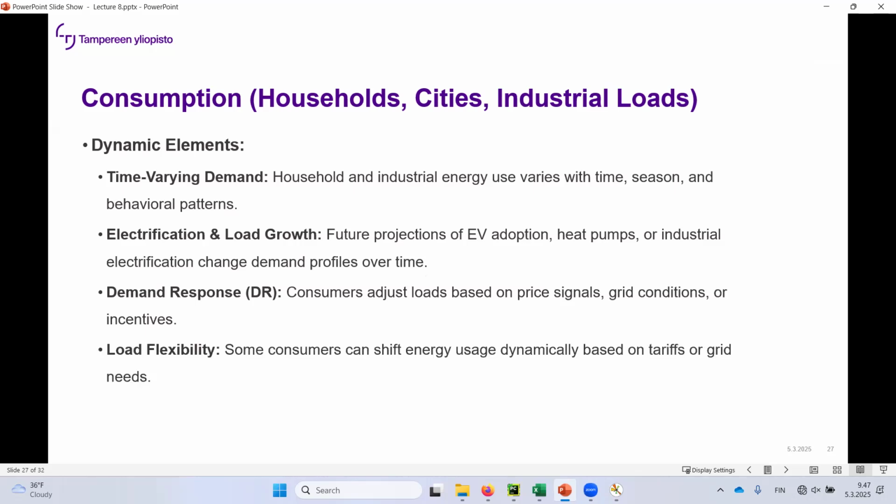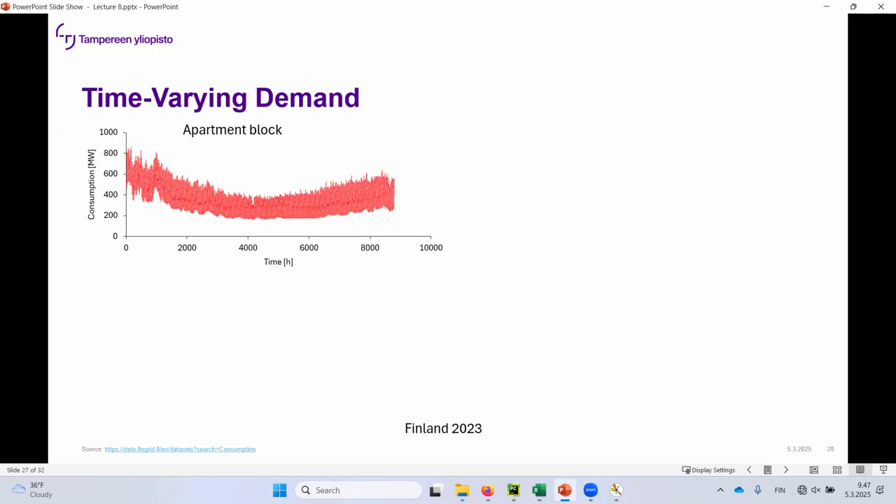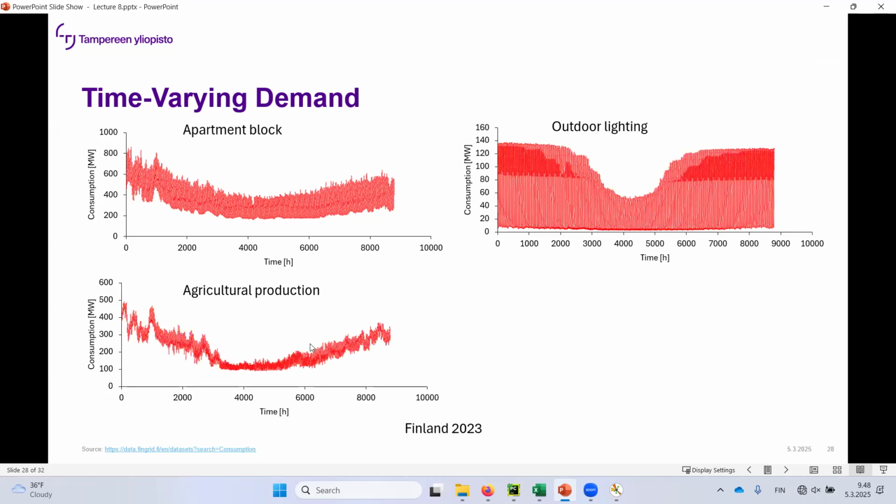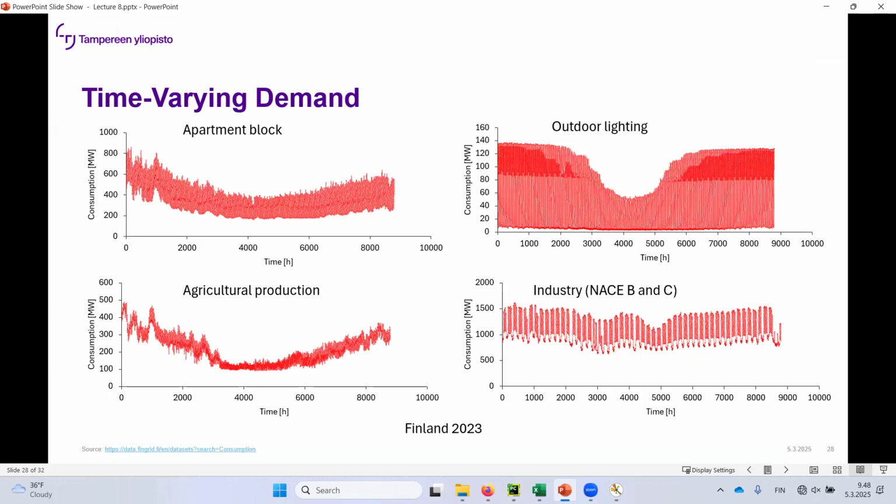Demand response and load flexibility, what do those mean? So time varying demand, this doesn't show too well in here. It looked a lot nicer when I had it not on this read mode. So, 2023, apartment blocks, outdoor lighting, agricultural production and industry.